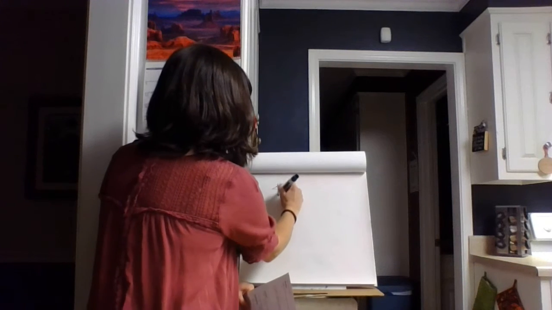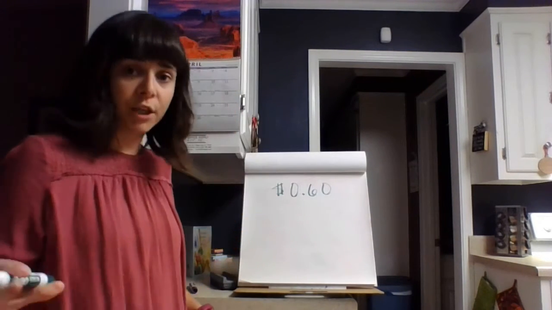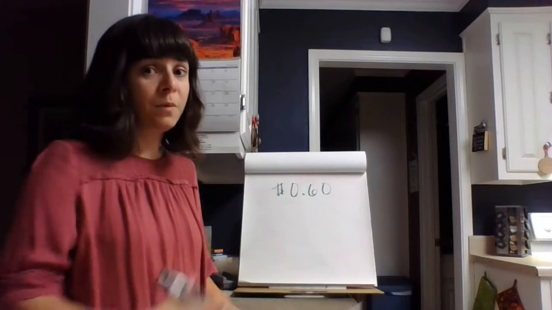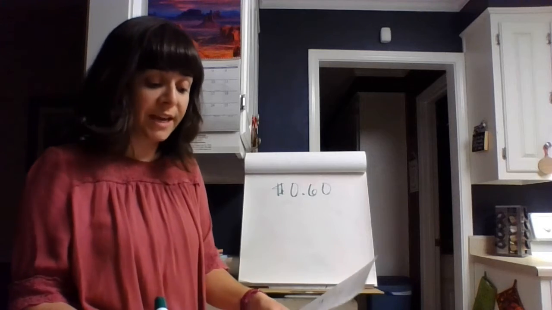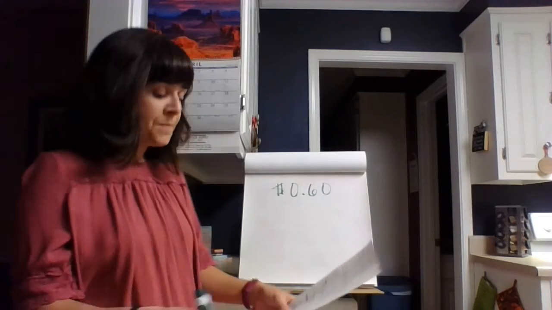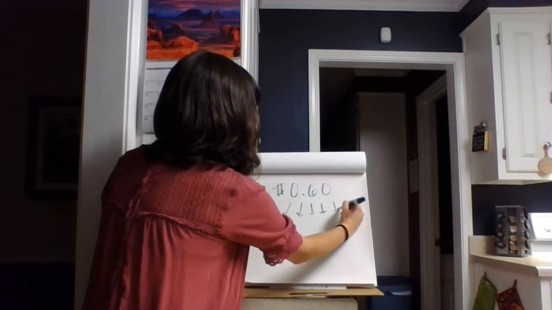So he spent 60 cents on 5 stickers total, not each sticker, okay? That's when we would add or multiply if it was each sticker. He spent this amount on all 5 stickers, and that was spread out over 5 stickers, okay?